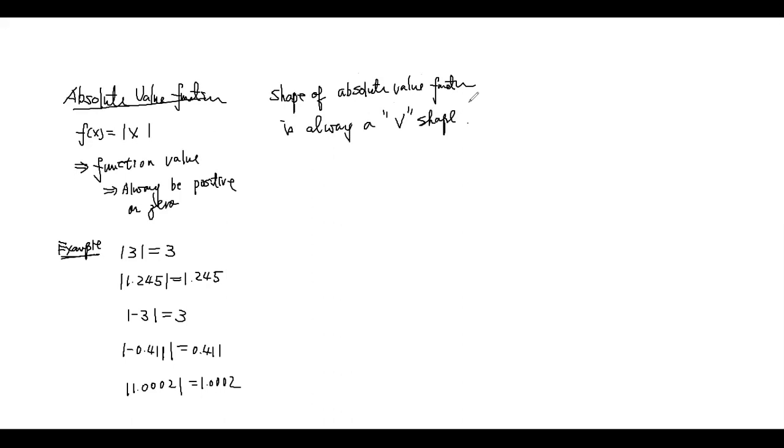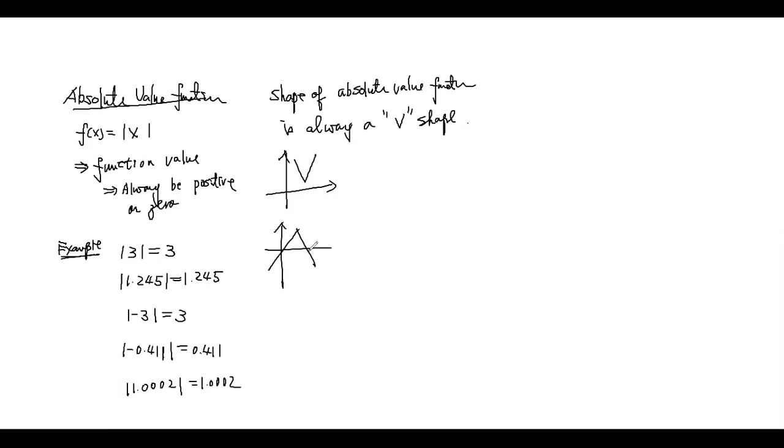It depends on how you define it, so your absolute value function could be like this, or it could be like that. It's either an upward-opening V or a downward-opening V.